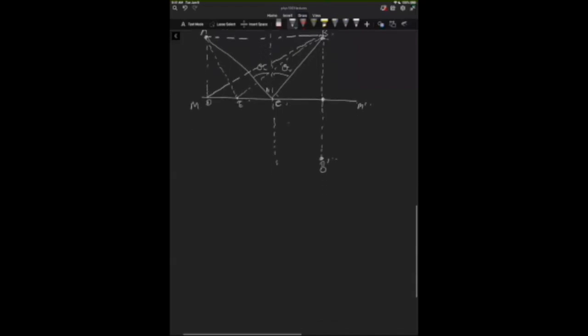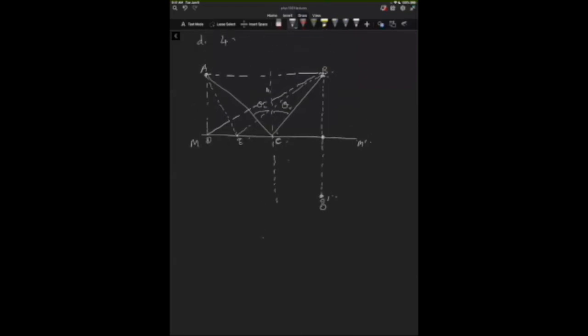And so now you can see quite easily, because of how I've drawn B prime to be exactly the same distance away, that the distance from, say, E up to B is the same as the distance from E to B prime. It has to be, because B and B prime are symmetric around the mirror. So the distance EB is the same as EB prime, DB and DB prime are the same, and CB and CB prime are the same.